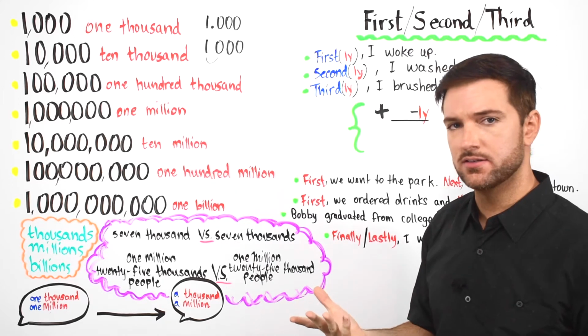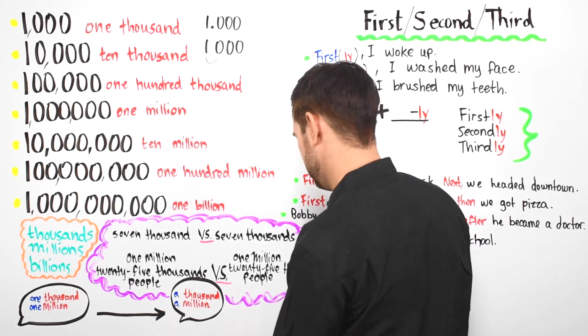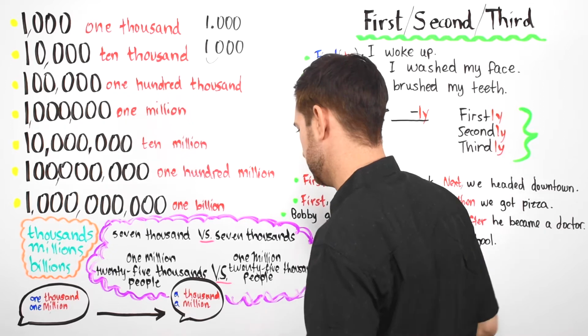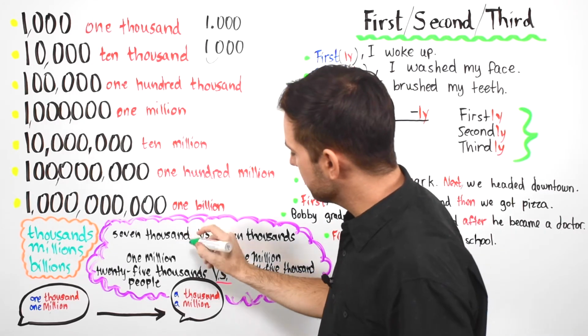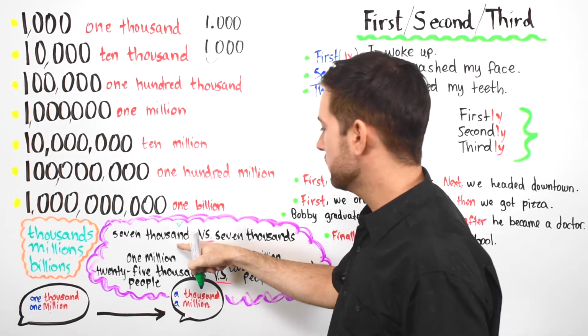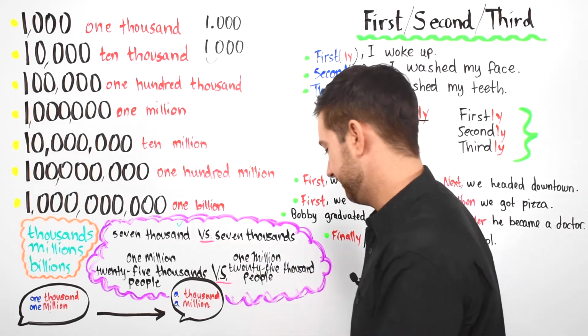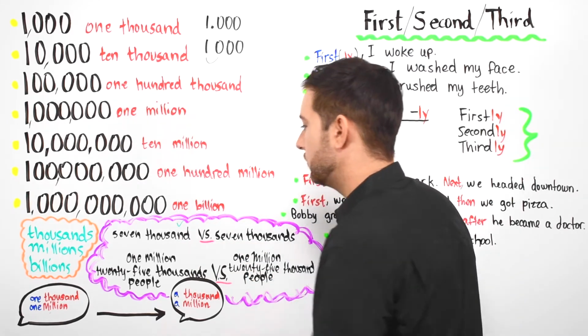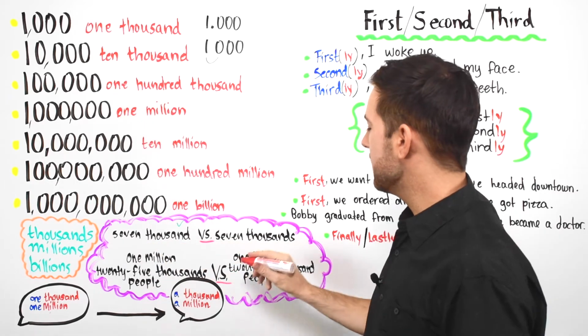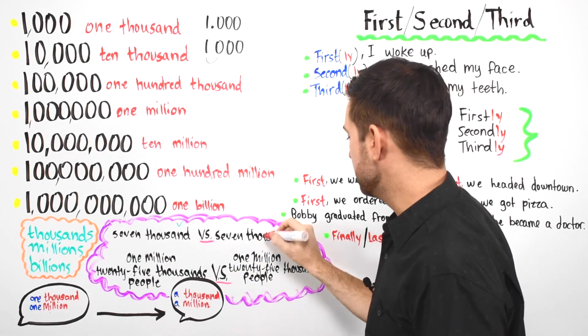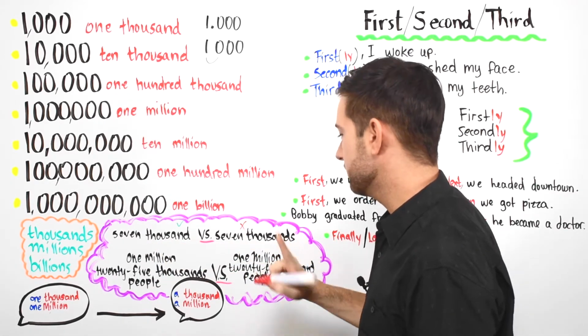Which one is correct? Do you know? Actually, this one right here is correct. This one is good. This one is bad. We say in English 7,000, but we don't say 7,000s.